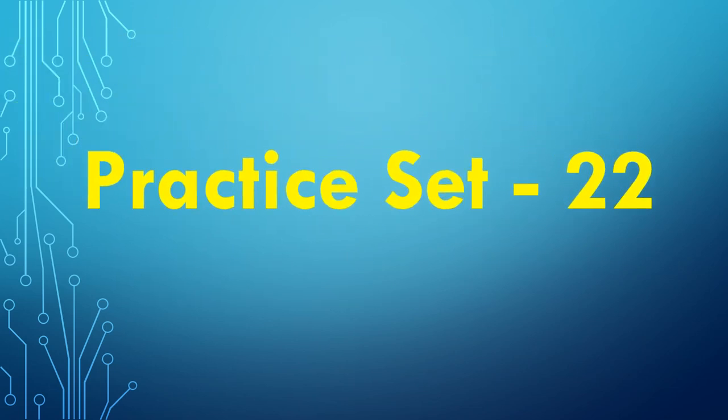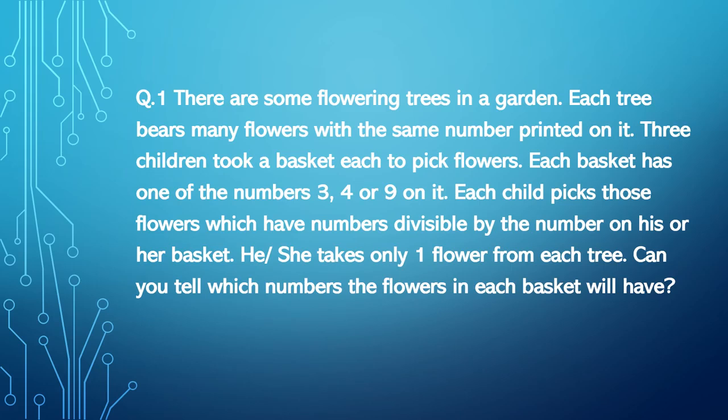Practice set 22. Question 1. There are some flowering trees in a garden. Each tree bears many flowers with the same number printed on it. 3 children took a basket each to pick flowers.